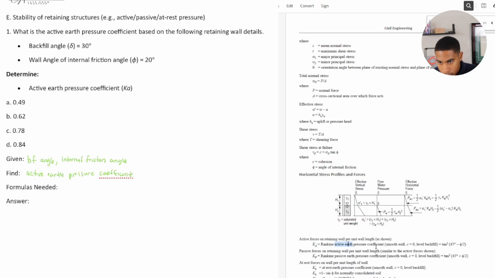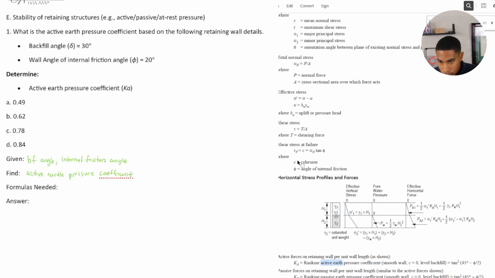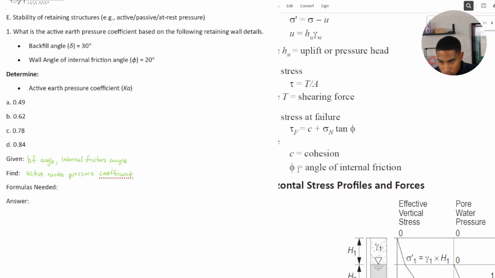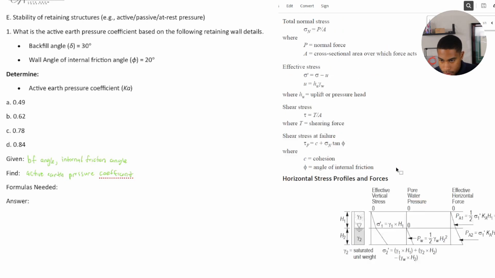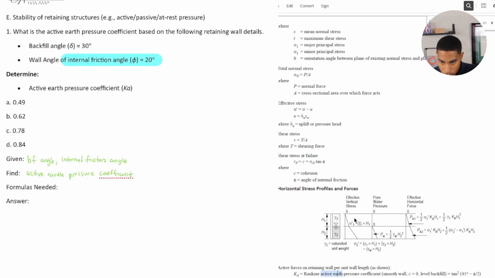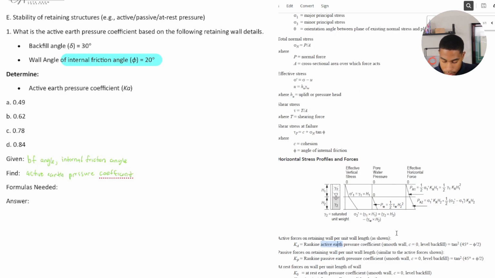So this is harder than I thought it was going to be. So, phi is angle of internal friction. Okay. So which angle am I going to be using? Well, I'm going to be using the angle of internal friction, not the backfill angle, for this.